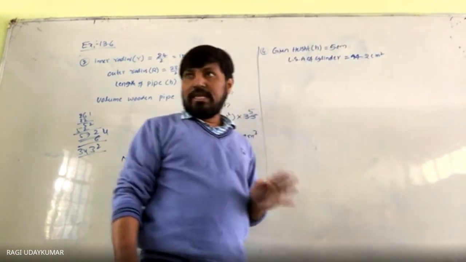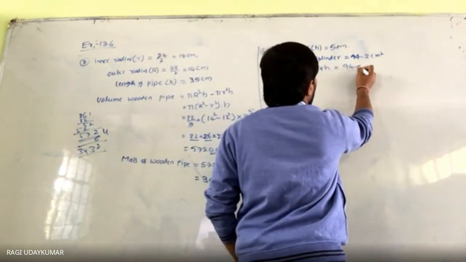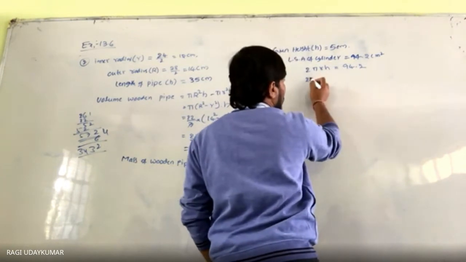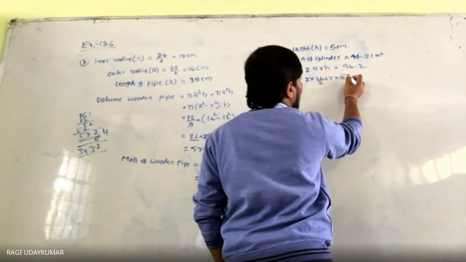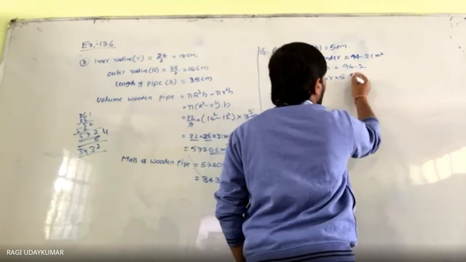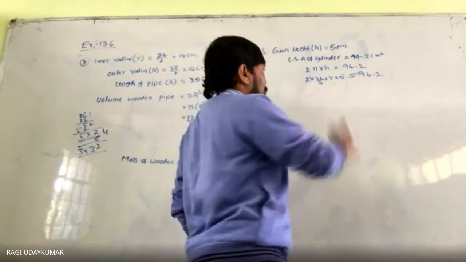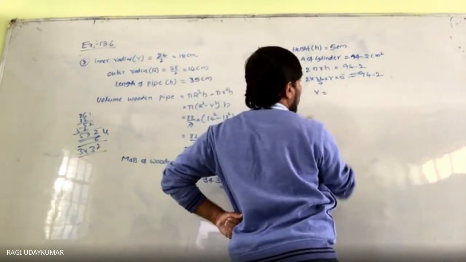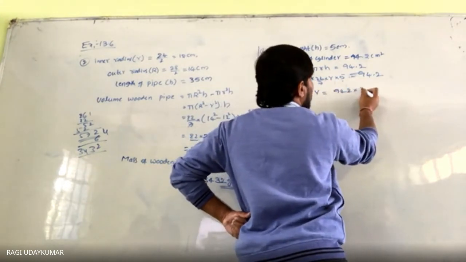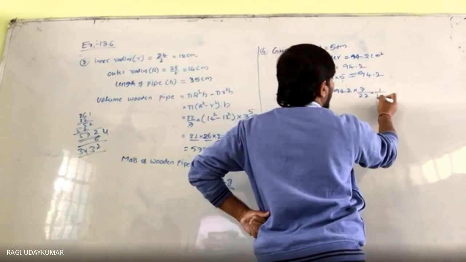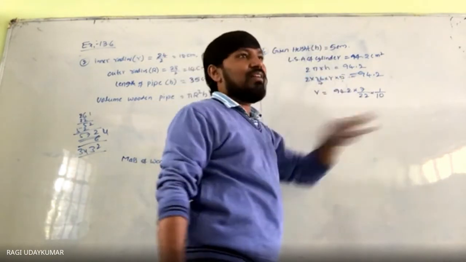The lateral surface area of the cylinder formula is 2 pi r h. So 2 pi r h is equal to 94.2, and radius if you want: 2 into 22 by 7 into radius, which you don't know, and height is 5, is equal to 94.2. Radius is equal to, if you want here, this will be 10, 94.2 into 7 by 22 into 1 by 10. 5 into 2 is 10, directly 1 by 10.